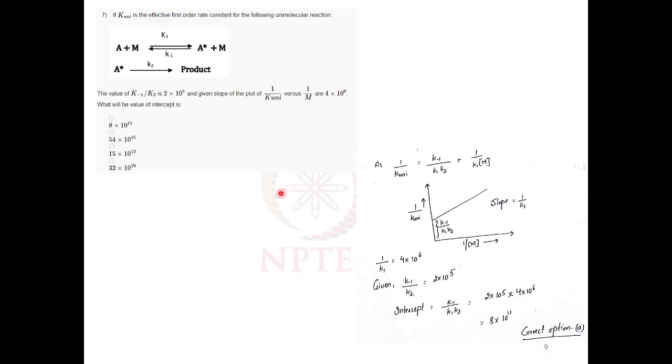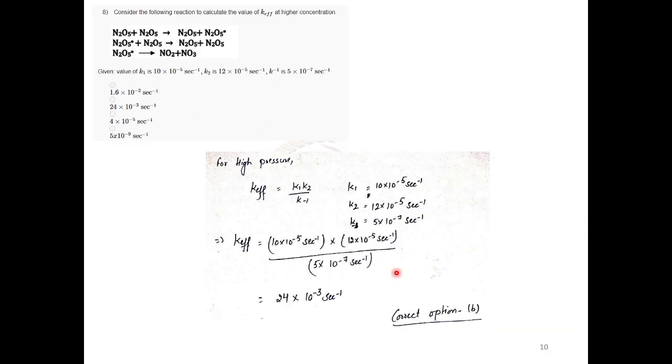You look at this, so this is the value 8 different value. So now you consider, you need to find out this k effective for this at higher concentration.